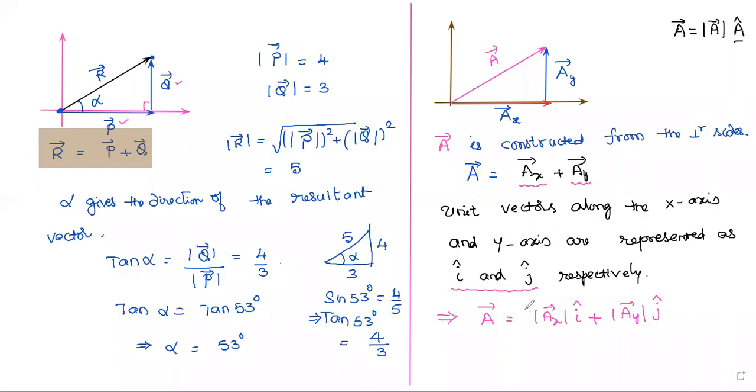Yes, this is the way of representing a vector in 2 dimensions. That's it, very simple. It is the representation of a vector in 2 dimensions, 2D.